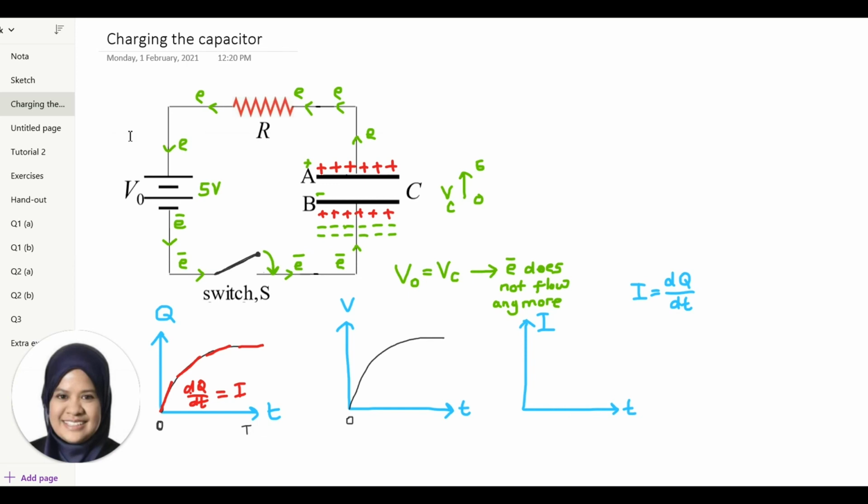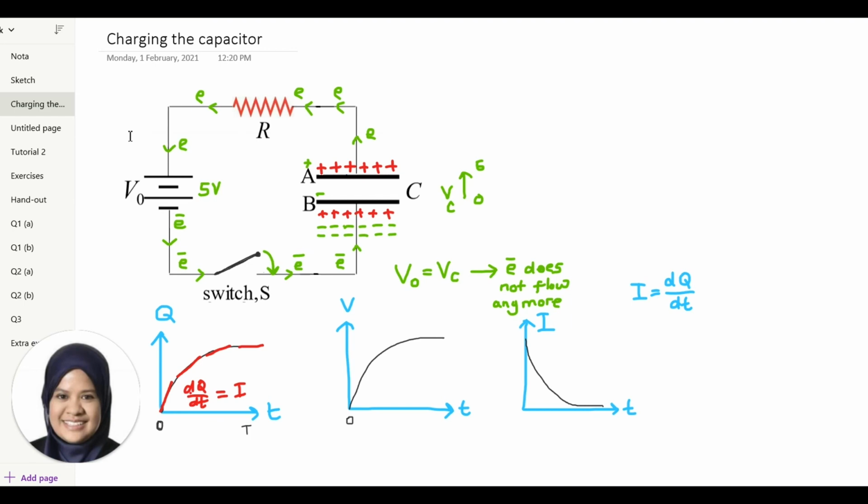Sebab itulah current saya punya graf daripada besar kepada kecil sehingga menghampiri kosong. This is what we have in our charging process of the capacitor.